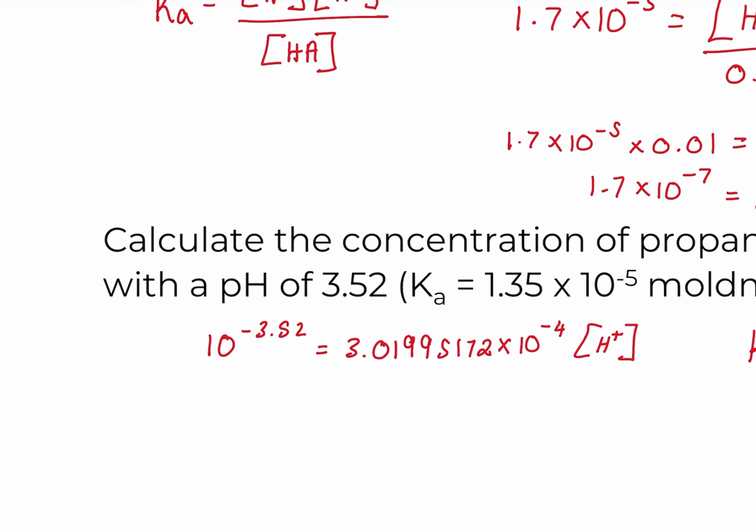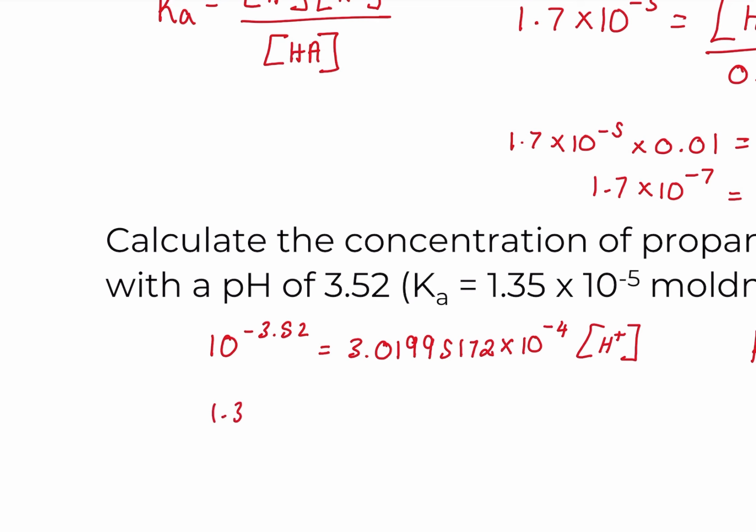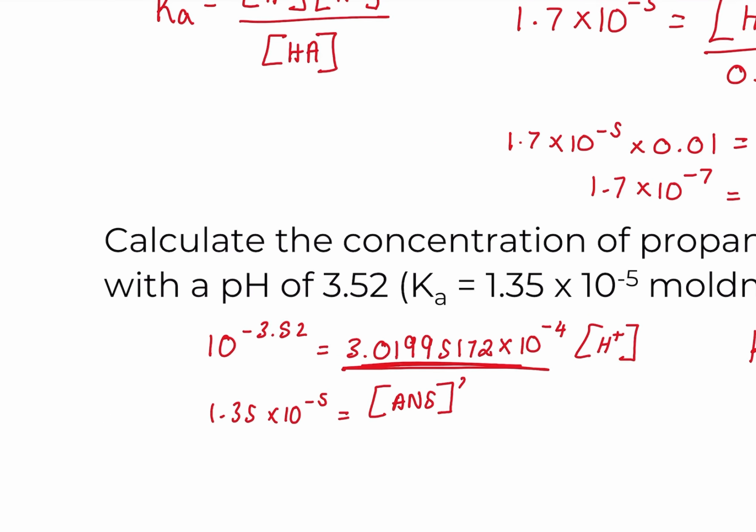So we can simplify this now. So we're going to have 1.35 times 10 to the power of negative 5, and that's going to be equal to this over here, which is still in my calculator answer, and remember that's going to be squared over HA.